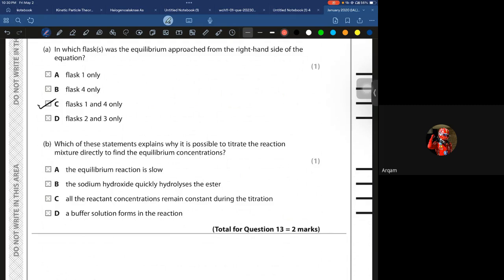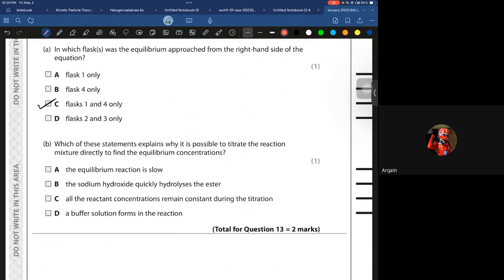If you remember when we were discussing kinetics, I told you that we can only measure the order of reaction when the reaction is slower. We cannot find the order of a fast reaction.